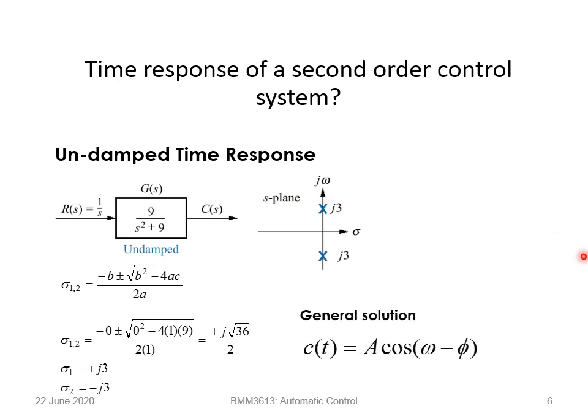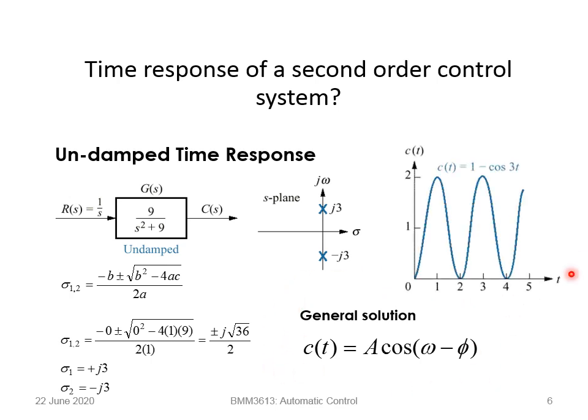So first we go to the general solution. You can take this directly. The general solution is c(t) equals A cosine of omega t minus phi, omega being the omega that we found in our poles, which is 3.